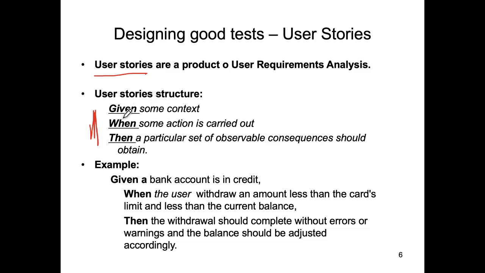The when is where you say what the inputs to the target you're testing are: when some action is carried out, i.e., you supply certain inputs to the target. The then is where you express your expectation as to what you expect the target to return back to you, in other words, what result the piece of functionality should return.